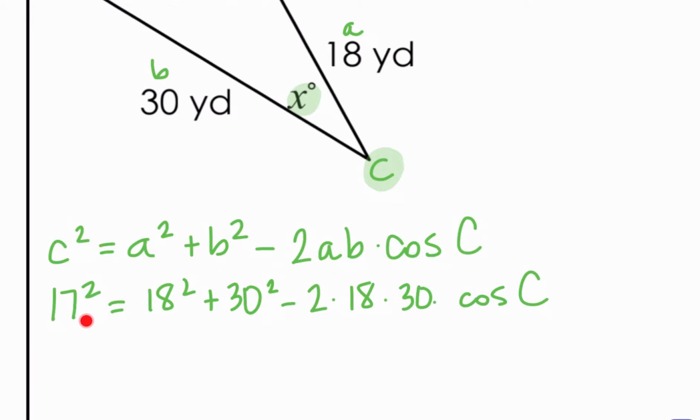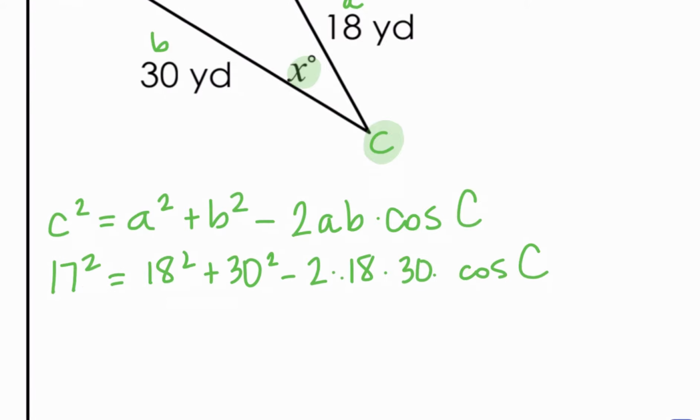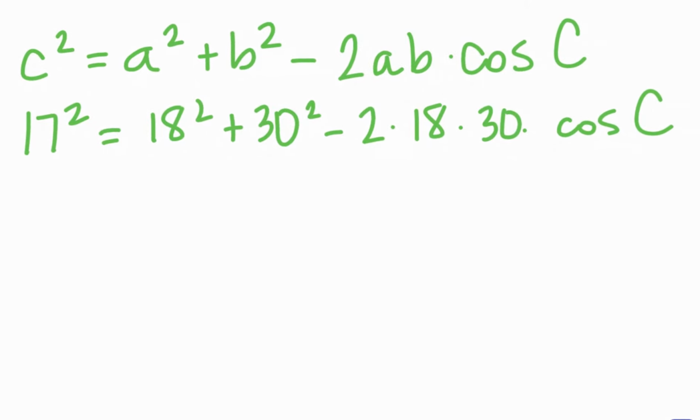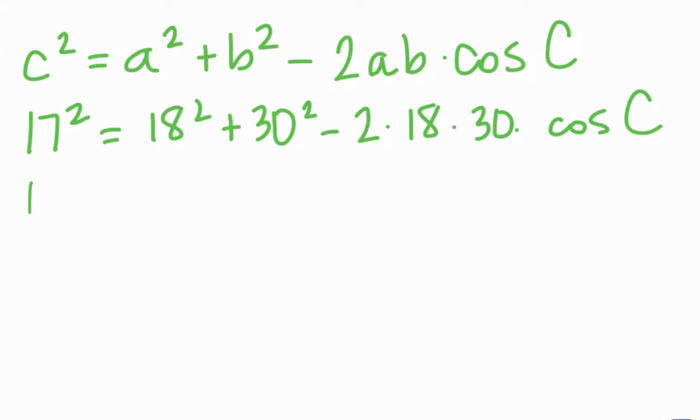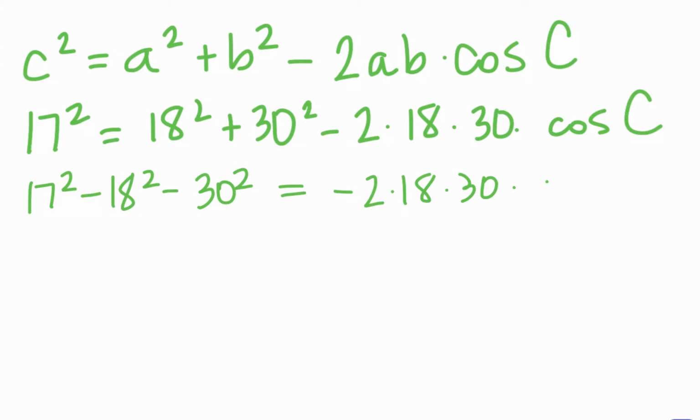We're going to subtract them over to the other side. And then everything else stays the same, so I'm just rewriting. Okay, and now these three terms are multiplying, so we're going to divide them over to the other side.